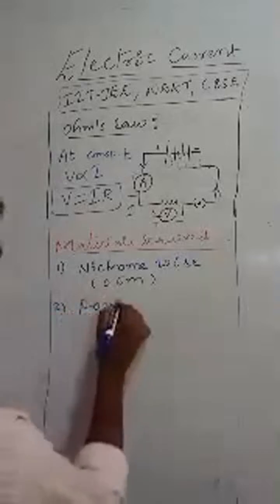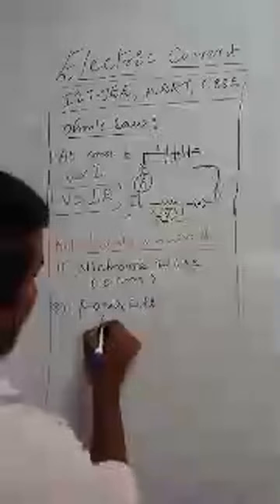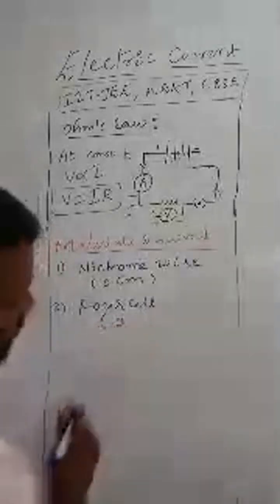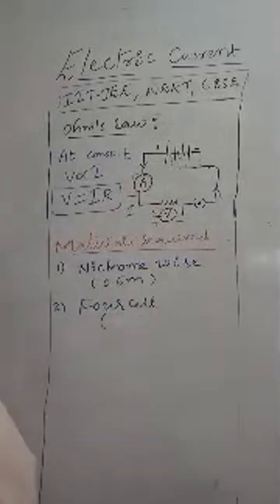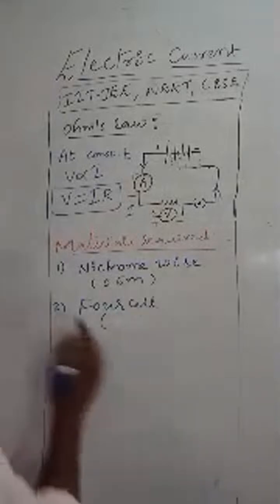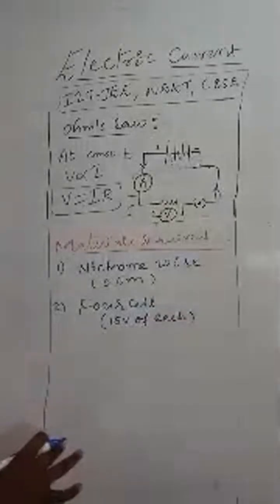We have to consider 4 cells, each 1.5 volts. So how many cells are we taking? 4 cells, and each potential difference is 1.5 volts.